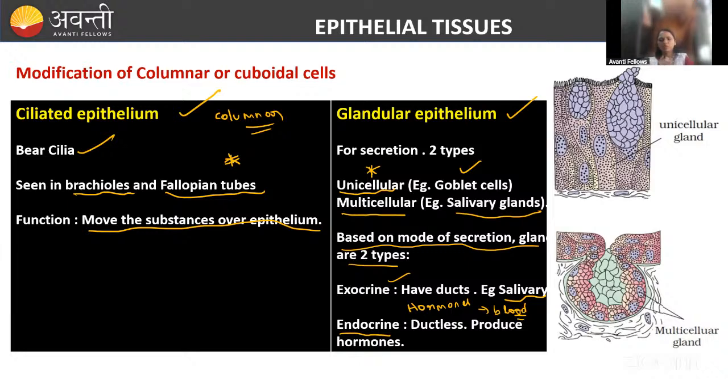The endocrine hormones you already studied, like hypothalamus, anterior pituitary, posterior pituitary, and the pituitary gland. All those come under the endocrine gland. And the hormones glucagon and insulin are produced by the pancreas. Those come under the heterocrine. We will study those in another chapter, but here you only have to understand exocrine and endocrine.